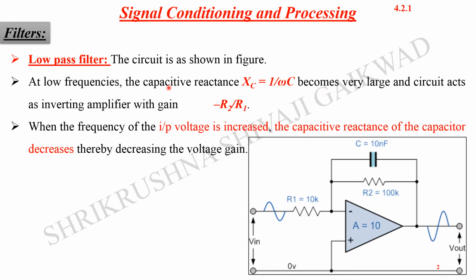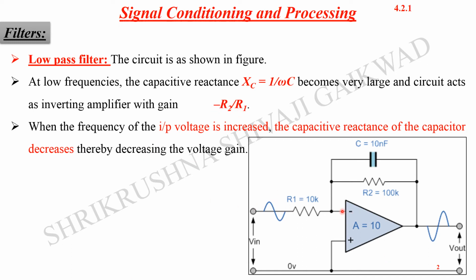At low frequencies the capacitive reactance, given by Xc equal to 1 over omega C, becomes very large, and the circuit acts as an inverting amplifier with the gain given by minus R2 by R1, right?